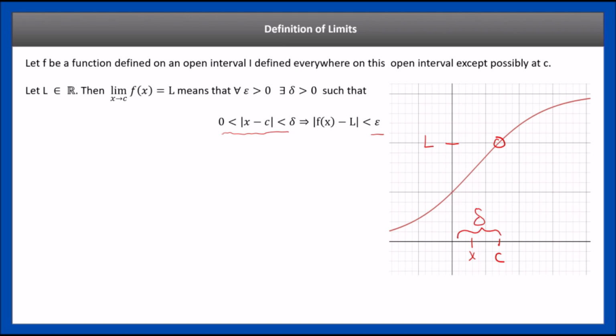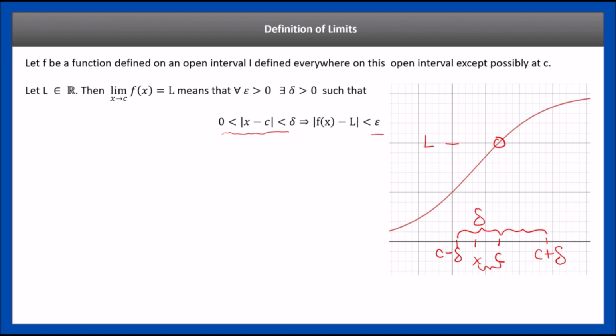All right, well then that means that this here must be c minus delta, right? And if this is delta from here to here, then this point must be c plus delta. So if we're looking at this value of x, say somewhere here, they're saying that the distance between x and c is less than this value delta, okay? And it's got to be positive.